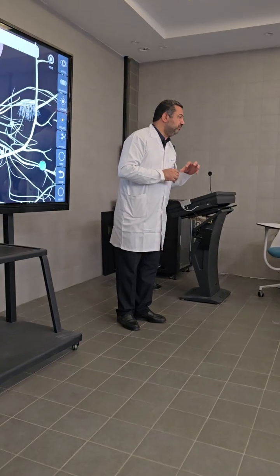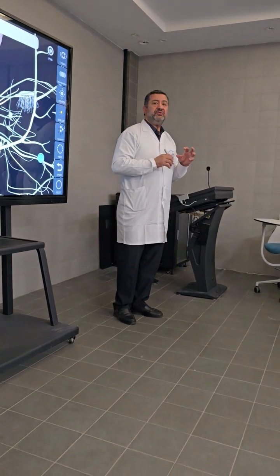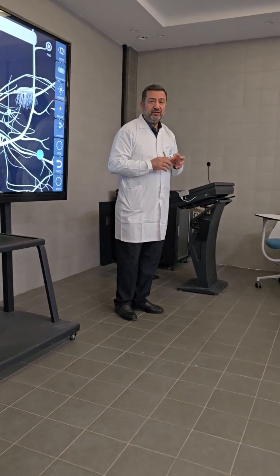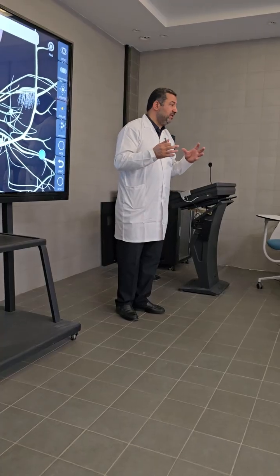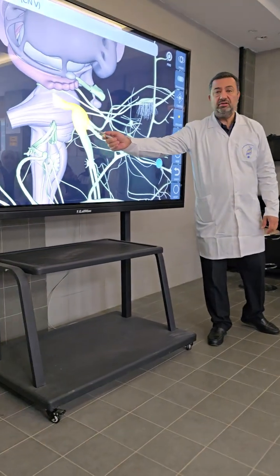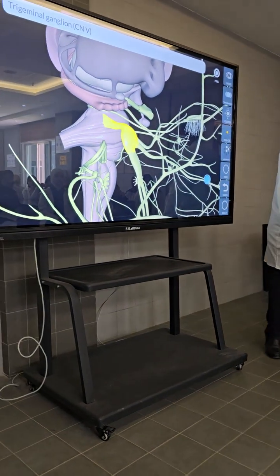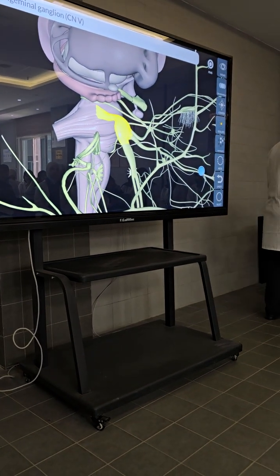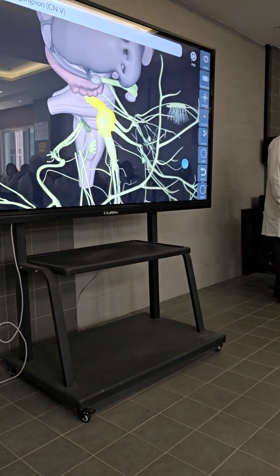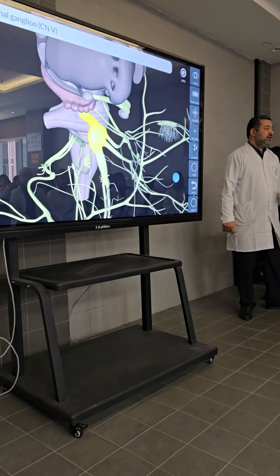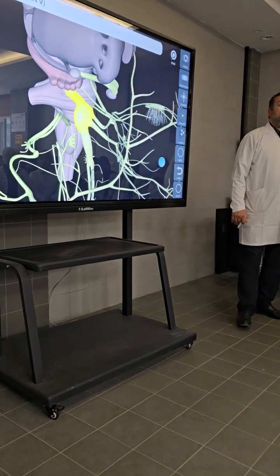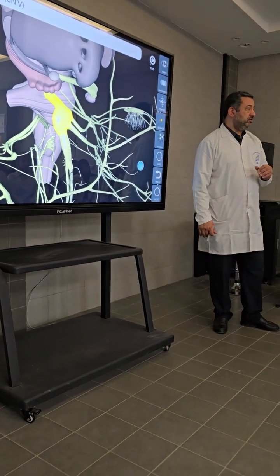In the trigeminal depression, the trigeminal nerve expands and becomes the trigeminal ganglion, or ganglion of Gasser, or semilunar ganglion.